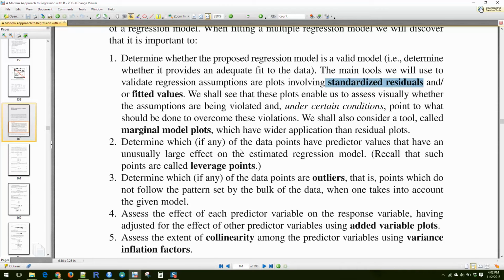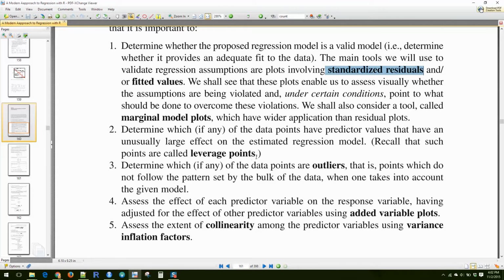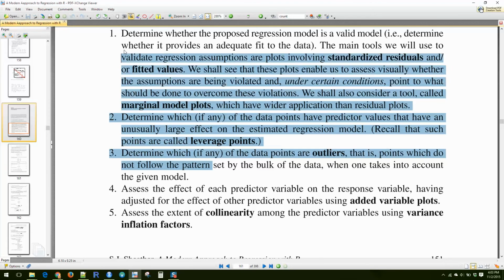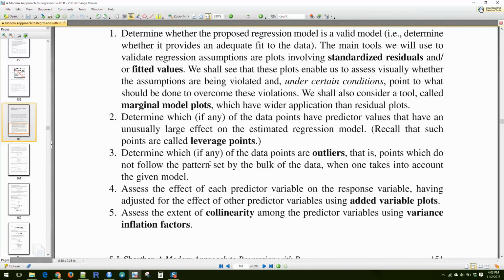We can also take a look at leverage points. These are calculated much like they are for simple linear regression. All of these things about outliers apply, just like simple linear regression, okay?